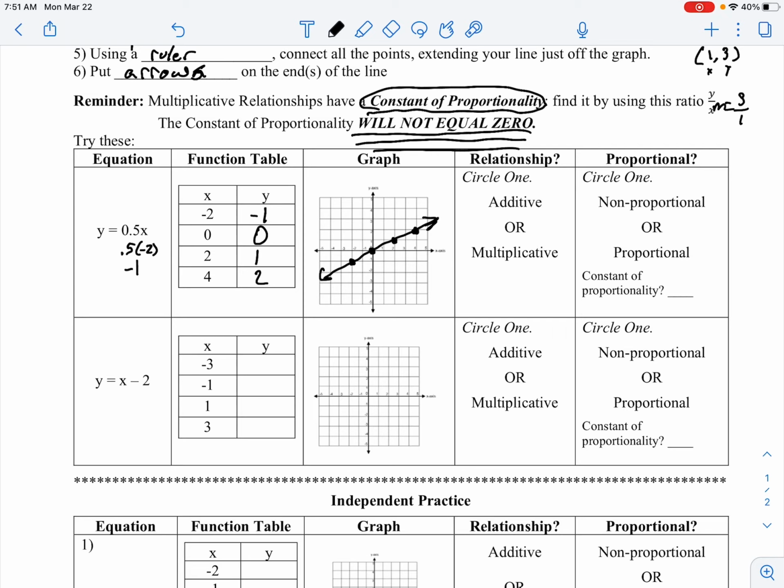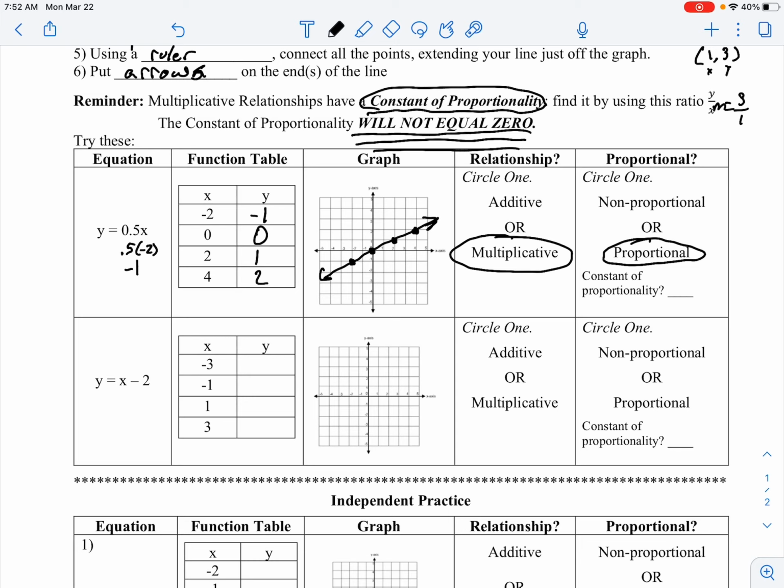Now, is this additive or multiplicative? We could tell just by looking at the equation, but it never hurts to graph either. This goes through the origin, so we have a multiplicative relationship. And since it is multiplicative, it is also proportional. Remember, additive relationships will never be proportional.